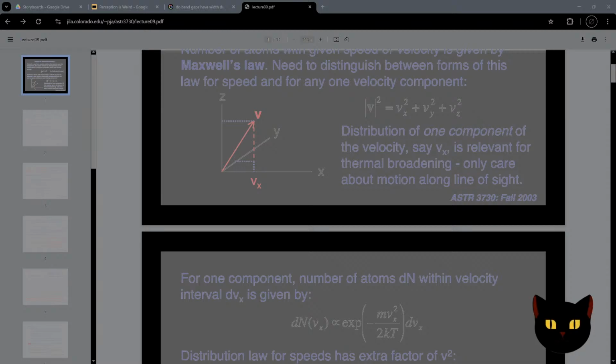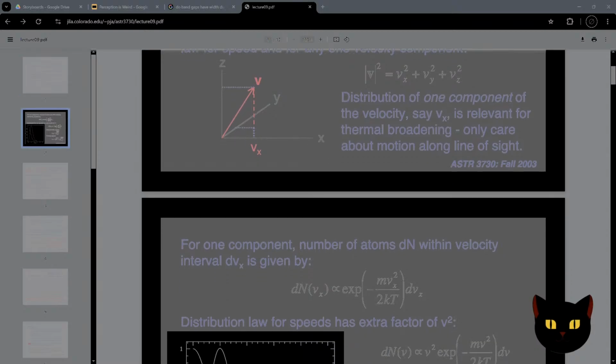What was I saying? I was saying the distribution we care about is the line that goes from the sun to us, because that's the only line that goes from the sun to our spectrometer where we can see it. But if you wanted to isolate that out, here's your equation.